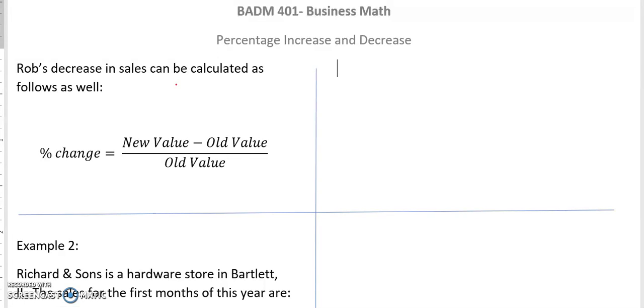So the same thing that we did before, I would like to show you what it is if you do it in a formula. We can say that percentage change is equal to new value minus old value over old value.